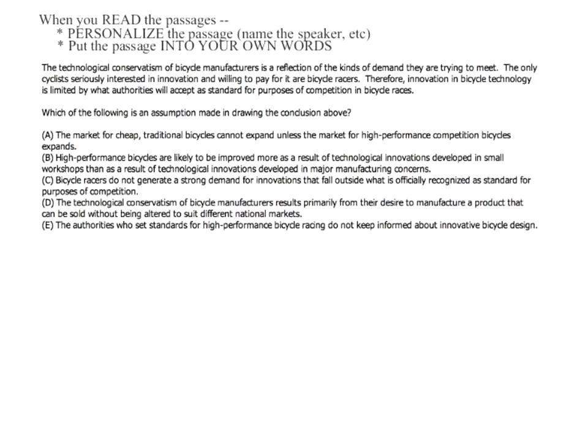So basically what the passage says, all innovation comes from bike racers. Therefore, because that's where the demand is, actual innovation is limited to things that are standard for competition. So, all innovation in bikes will have to do with racing standards.